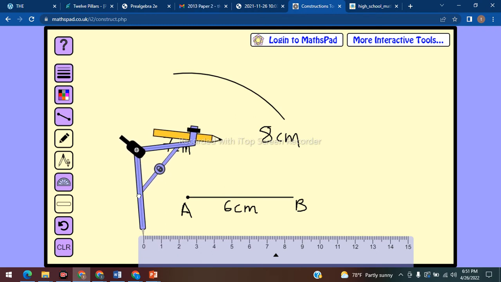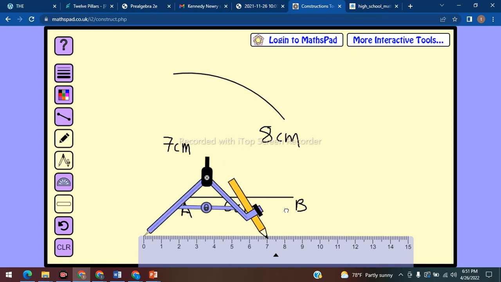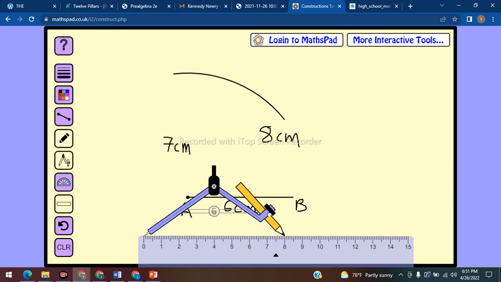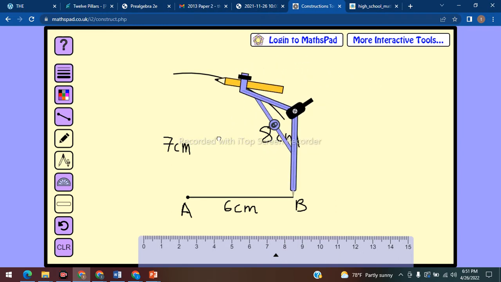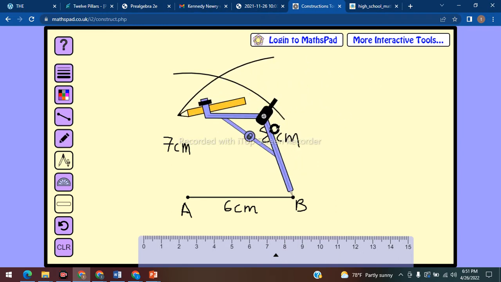So 8 would be all the way here. Right? So that's 8. Lock that in. Good.